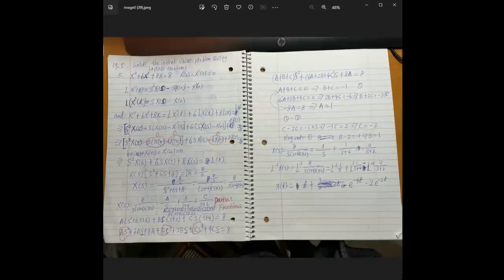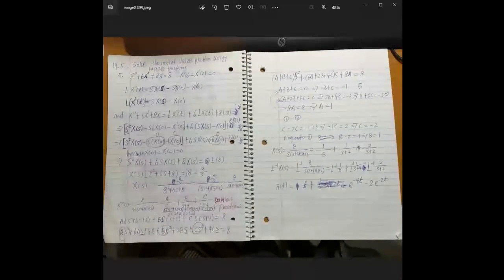Plug in all a, b, c back to the capital X of s, and then we get the equation is 1 over s plus 1 over s plus 4 minus 2 over s plus 2. We need to get the small x of t, so we take the inverse Laplace transform of capital X of s.